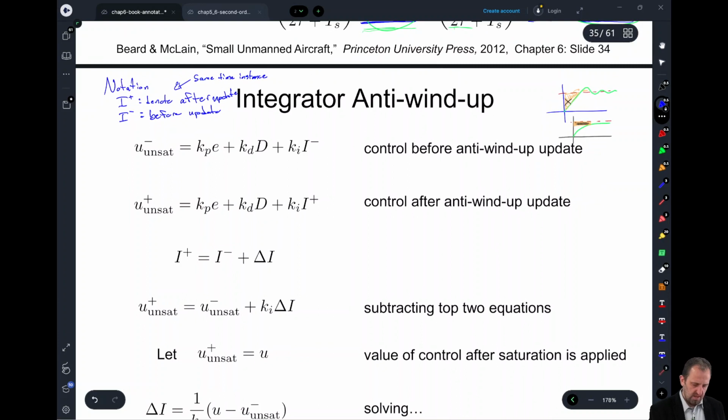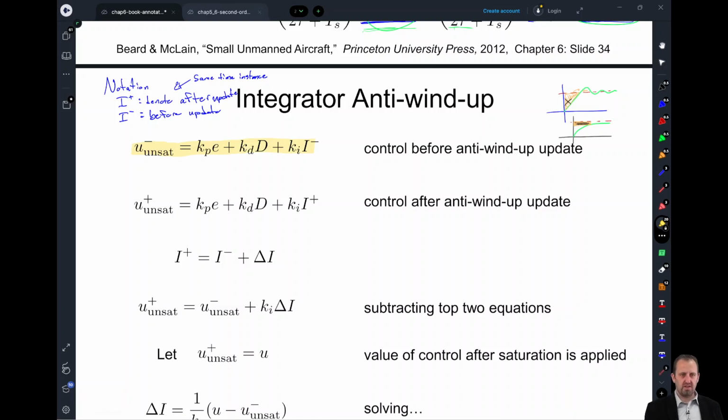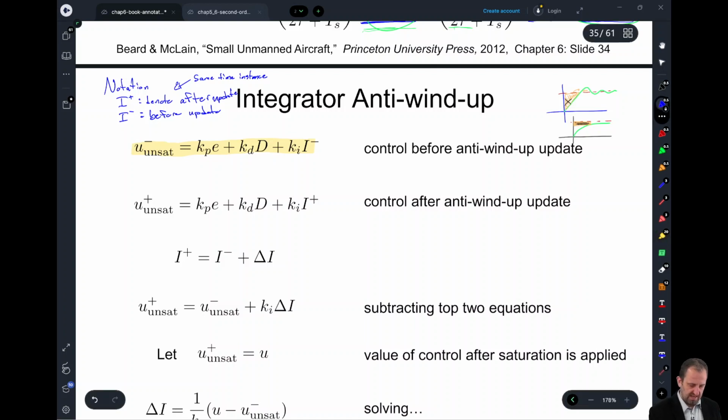This value right here, we're going to call our U unsaturated. So we have U unsaturated with the minus, to denote no update yet. This equation, I'm going to call equation 1.